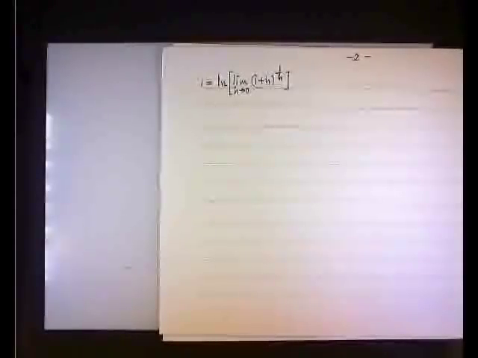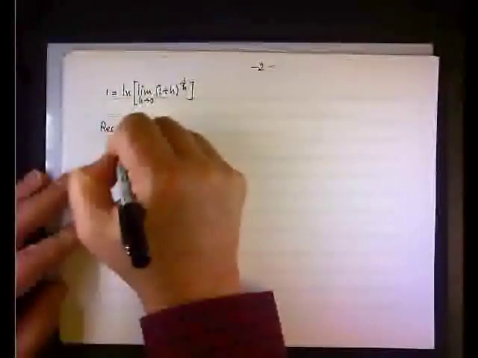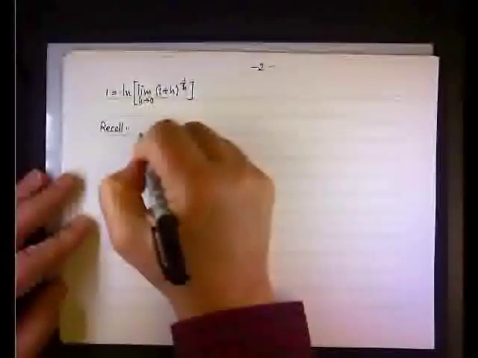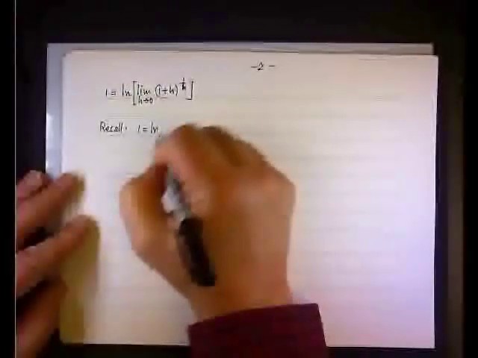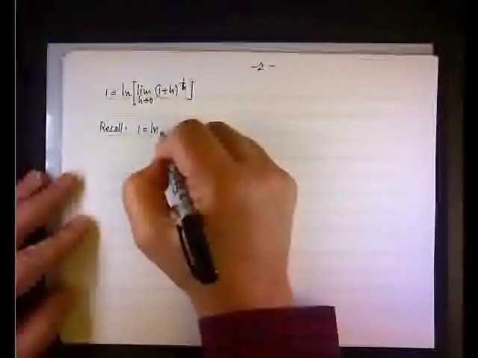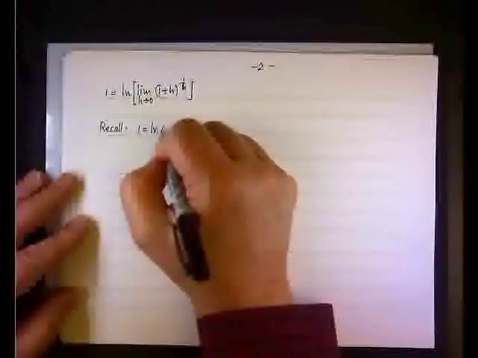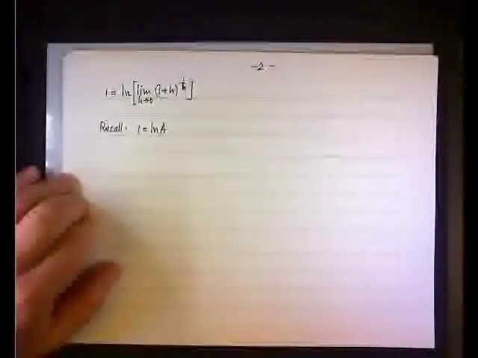Okay, recall the property of the logarithm. If 1 equals the natural log of, let's say, something, let's say big A here, what does this tell you?